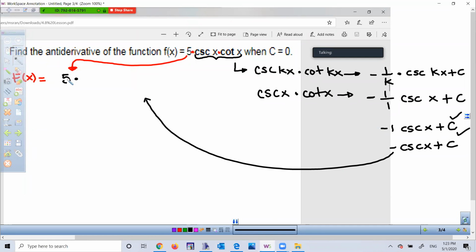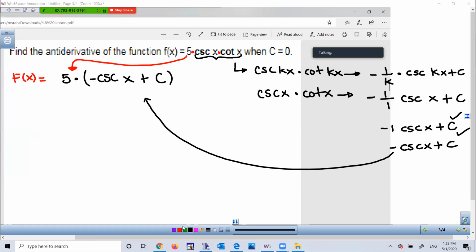So that's what I'm going to bring in here. The 5 that I said I had to bring to the answer, times the antiderivative formula of this, which came out to this simplified format, so times negative cosecant of x plus c. And this is not a 5. It looks like a 5, but it's an s.